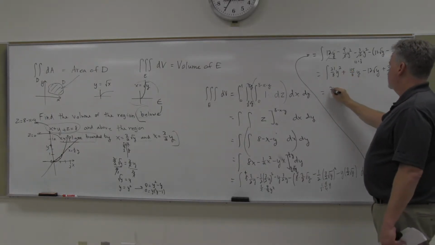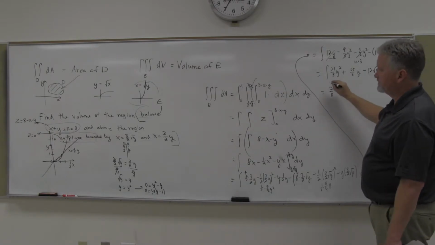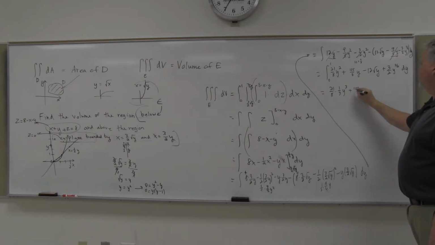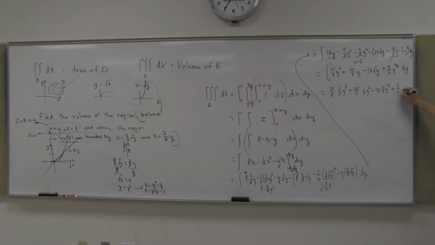It'll be 21 eighths times 1/3 y cubed. And luckily this is 0 to 1, right? Plus 105 over 8 times 1/2 y squared, minus 12. That'd be y to the 3 halves antiderivative, so times 2/3. And then plus 3 halves, that would be y to the 5 halves, so it'd be 2/5 times that, and then 0 to 1, thankfully.